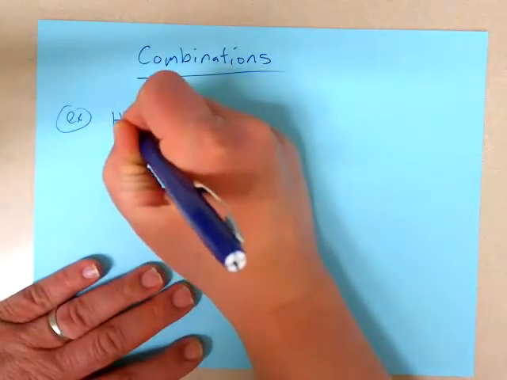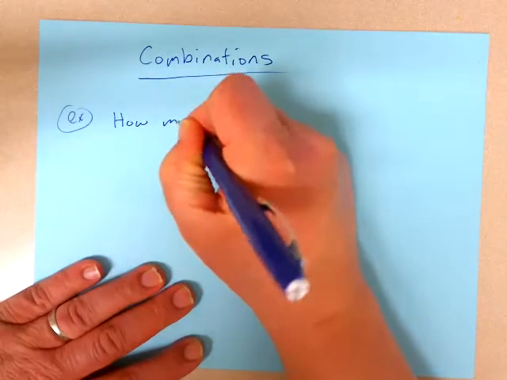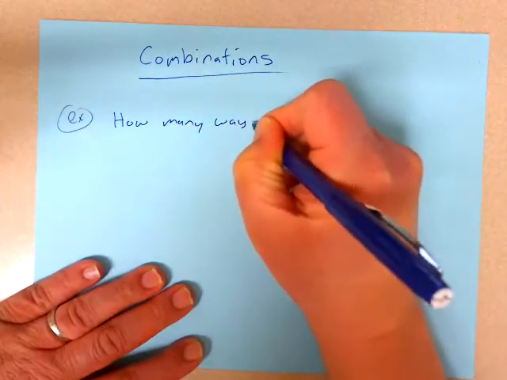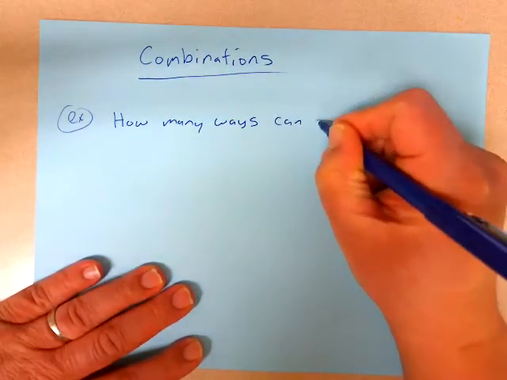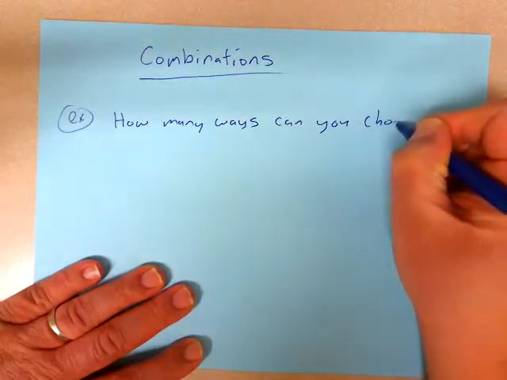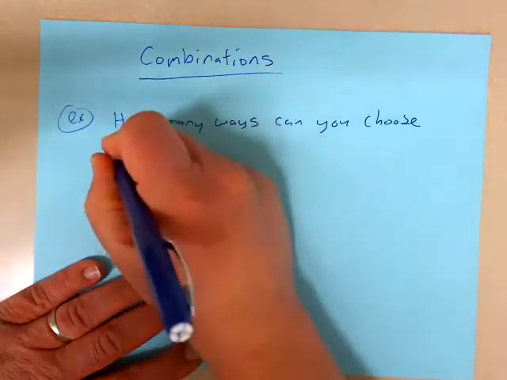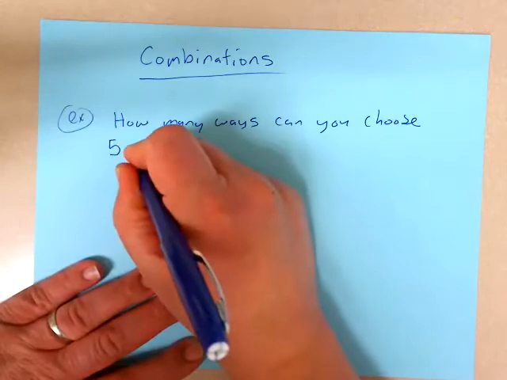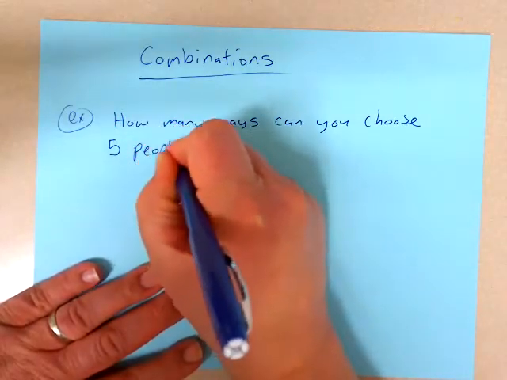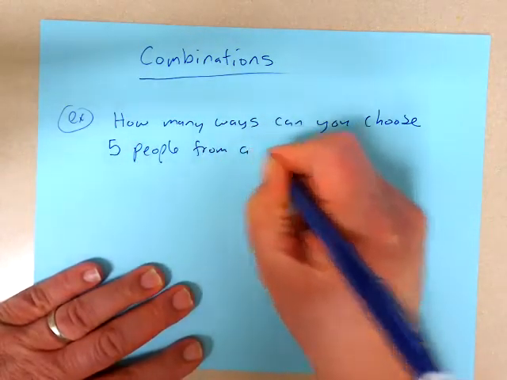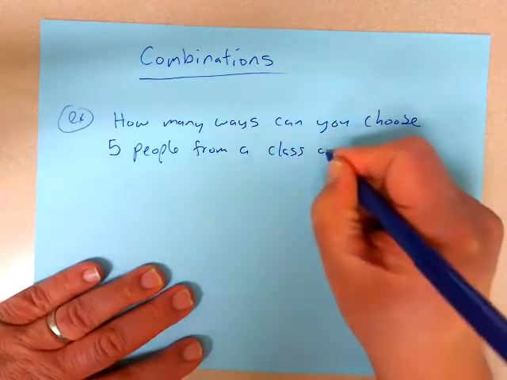How many ways can you choose 5 people from a class of 30 people?